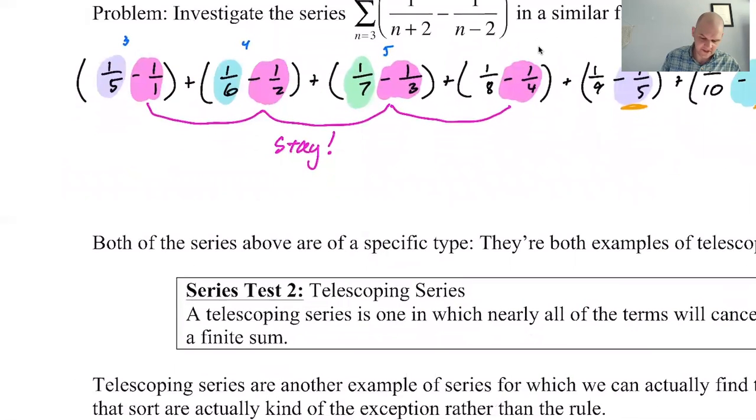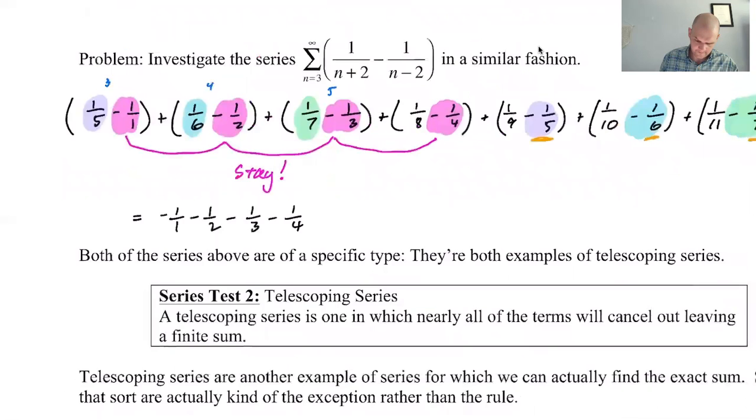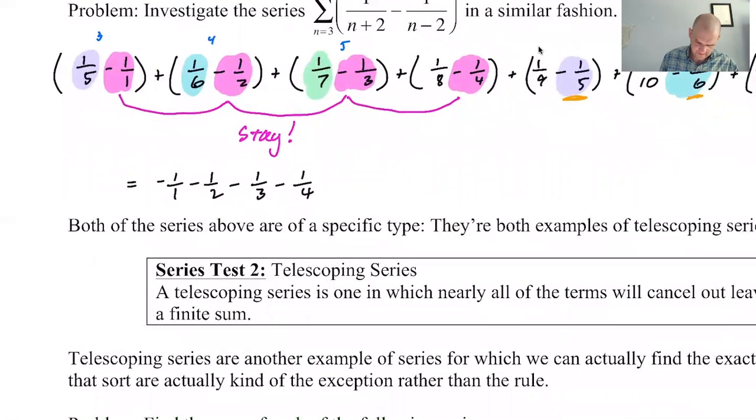So I would say that the sum of this is going to be negative 1/1 minus 1/2 minus 1/3 minus 1/4, which is what? Should we use 12?